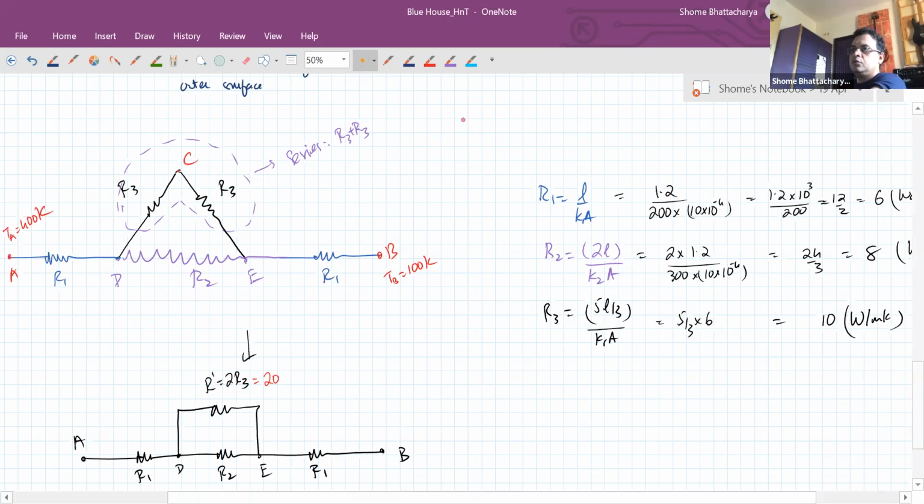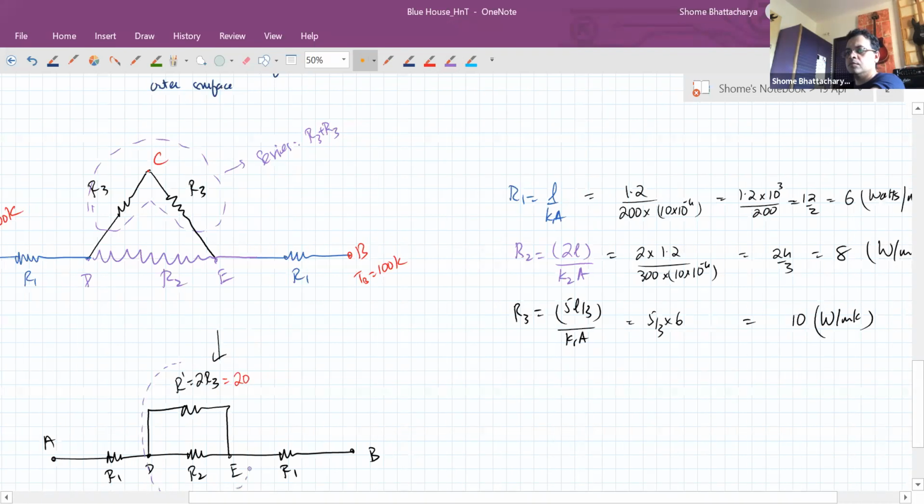So next we will combine these two. So it will become a parallel combination of R prime and R2. So this will have an equivalent resistance, let's say R double prime.